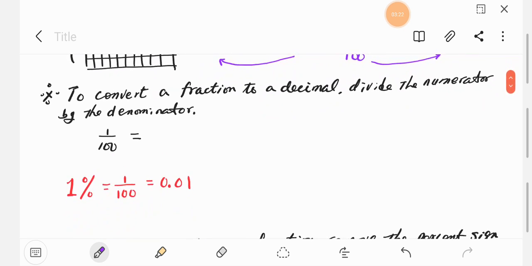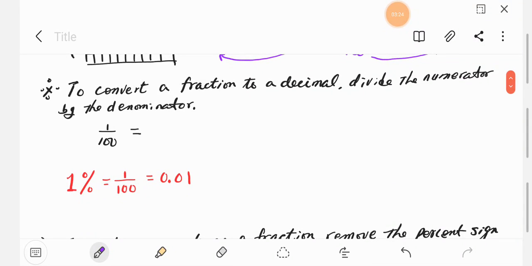Alright, so let's convert a fraction to a decimal. This means 1 out of 100, 1 over 100. A fraction has a numerator and a denominator.